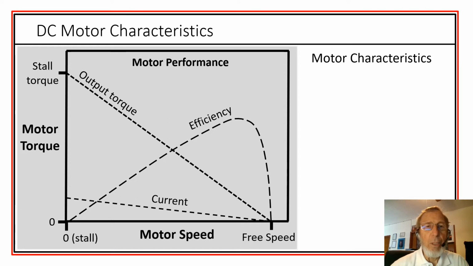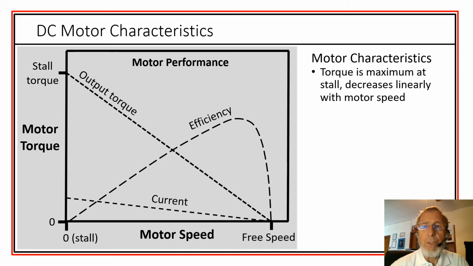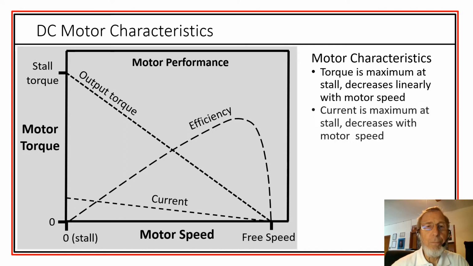They are usually a plot of torque or other variables as a function of motor speed. So we see that torque typically is maximum at stall condition when the shaft is not turning, but it decreases linearly as the motor speed increases.